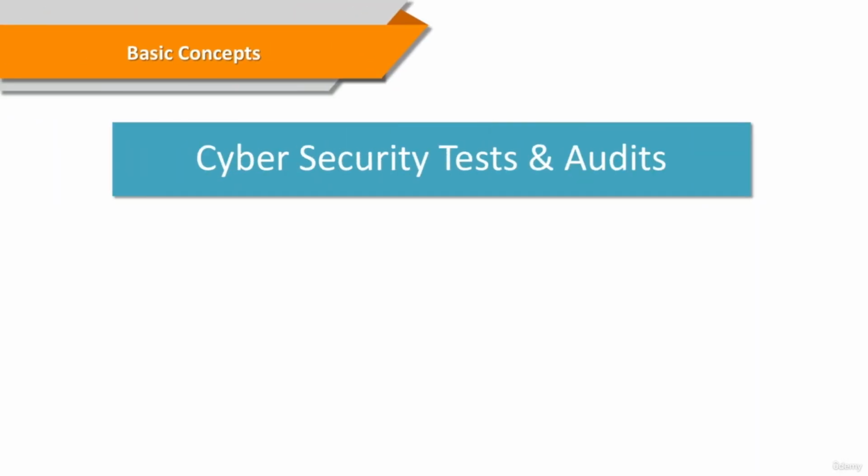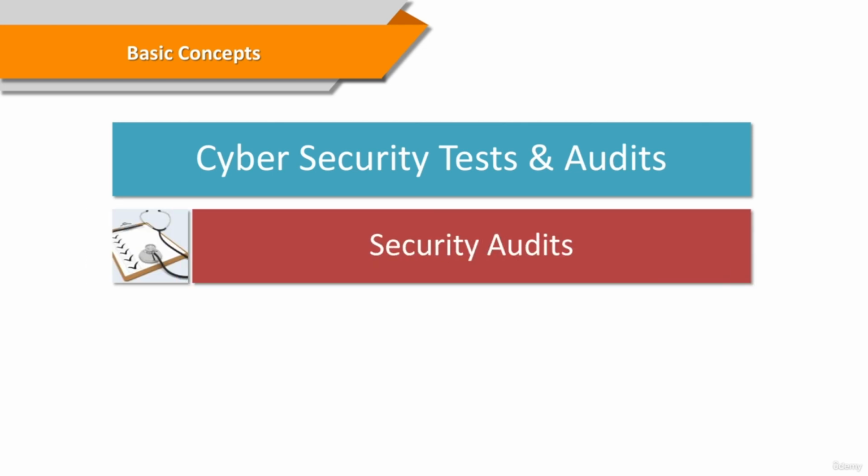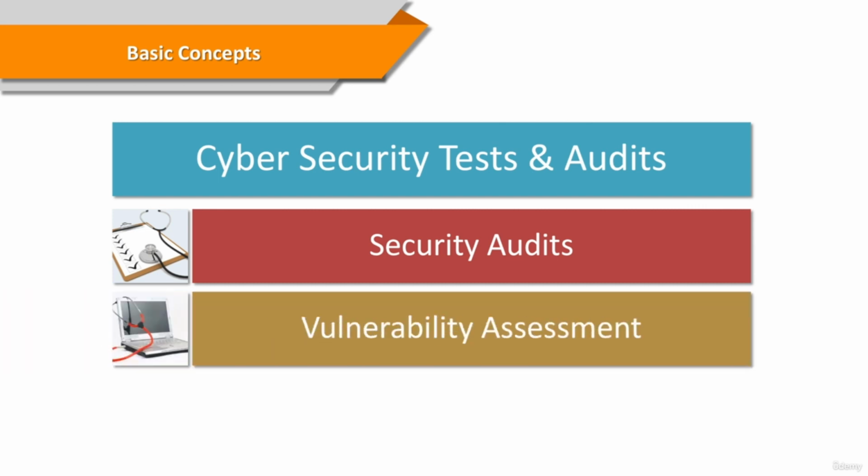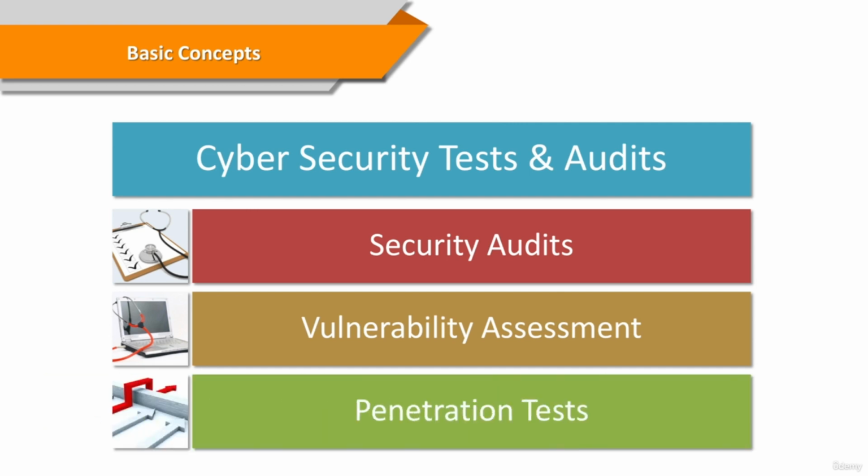Now, from a cybersecurity point of view, we can classify the cybersecurity tests and audits into 3 parts. A security audit typically checklists of best practices, of course, in terms of cybersecurity, vulnerability assessment, identifying the security holes, and penetration tests, the main subject of this course.